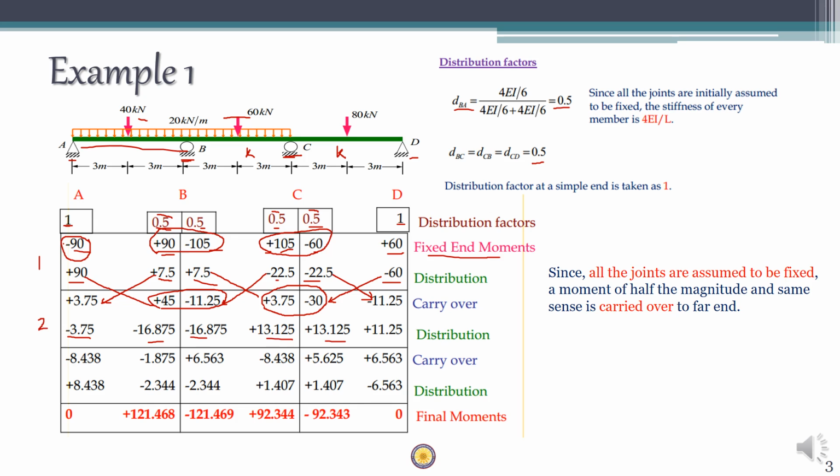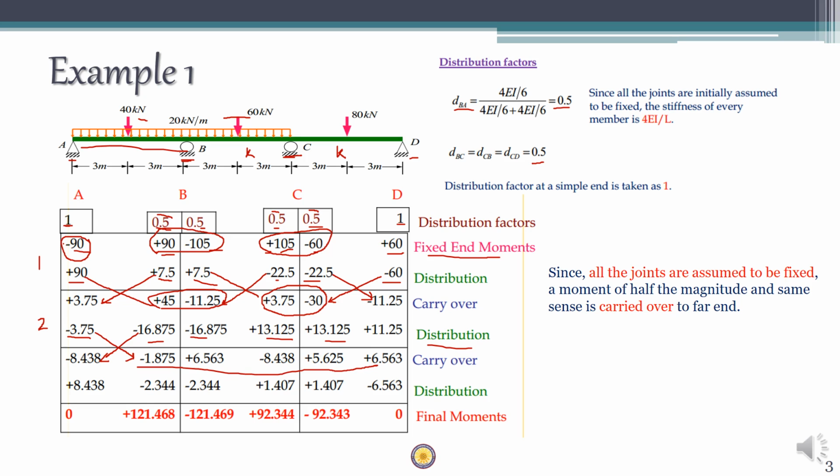So every iteration finishes with a distribution. If you want, you can do one more iteration. In that iteration, the first step will be carryover. So half of all these moments will be carried over to the far end. So half of 16.85 will go to this place. Half of 3.75 will go to this place, right? Similarly, complete the entire line here.